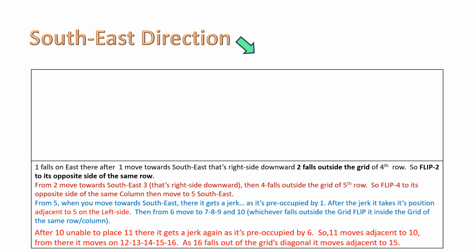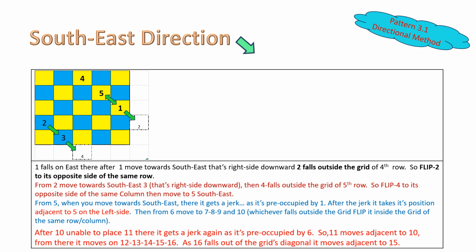Here comes the very first method, southeast direction. Here you see number 1 falls on east. So from there you have to move towards south. Whichever falls outside gets flipped inside.